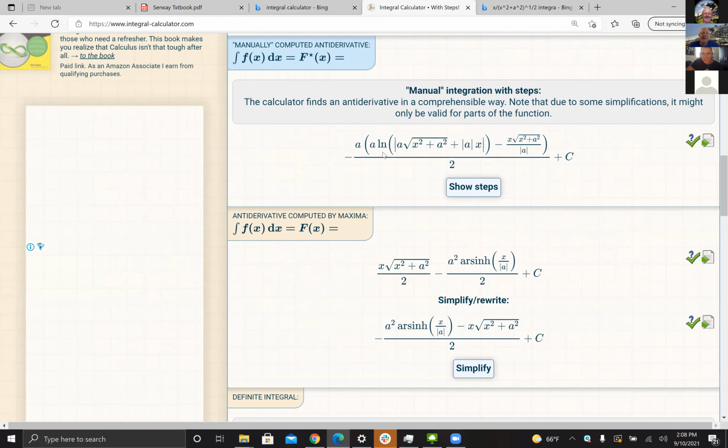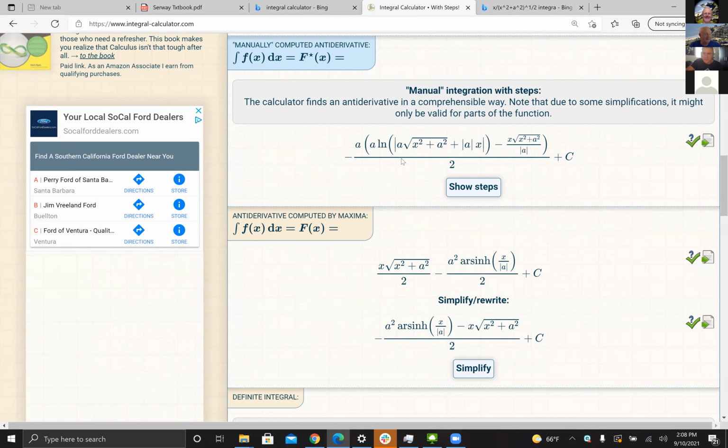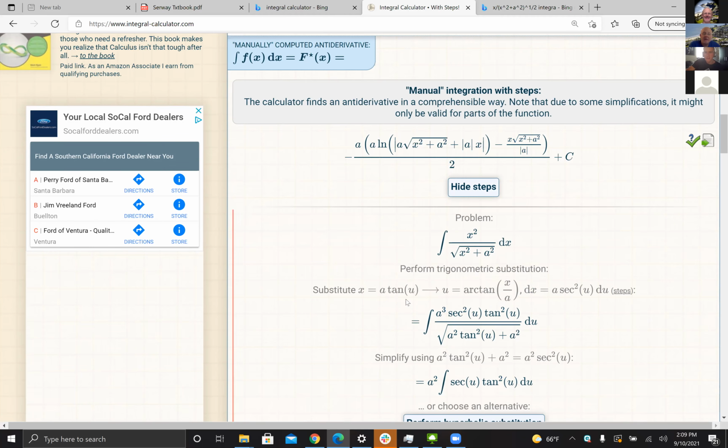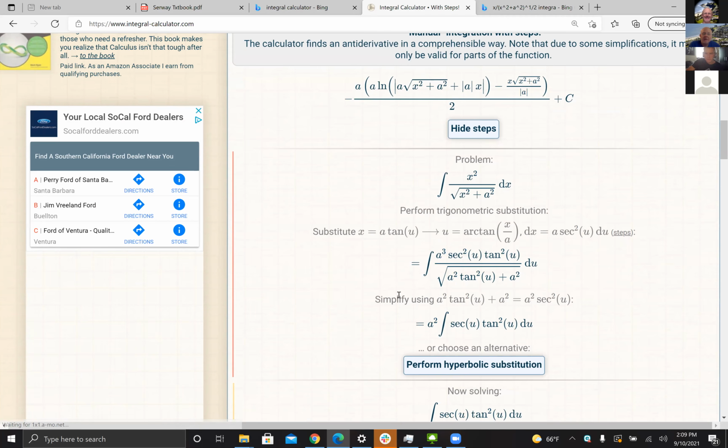So negative a ln absolute value, all these absolute value signs. Probably absolute value is not an issue for us because I think everything we have is positive numbers. Looking at the solution, there are a lot of trig subs.